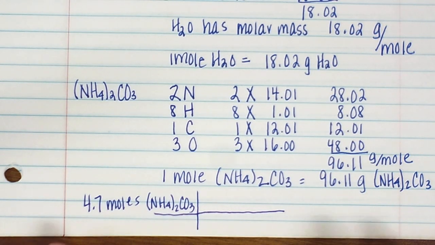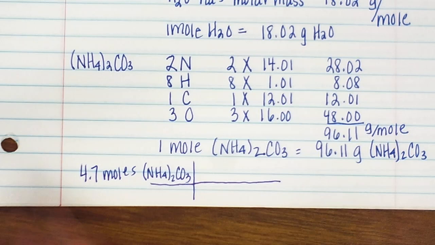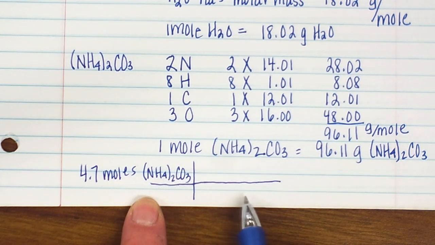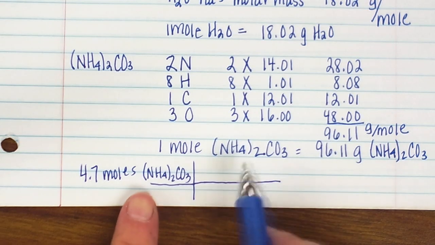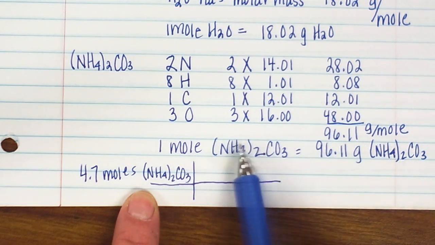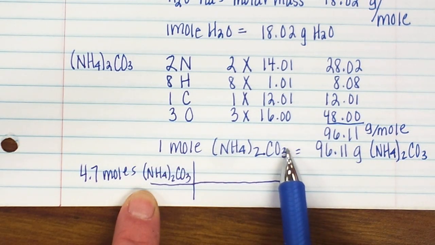As we know, when we have a situation like this, the unit that goes down is the one that's up. So moles are going to go down because I want to go to grams. How many moles? 1 mole. Because my conversion factor here is 1 mole is equal to 96.11 grams.